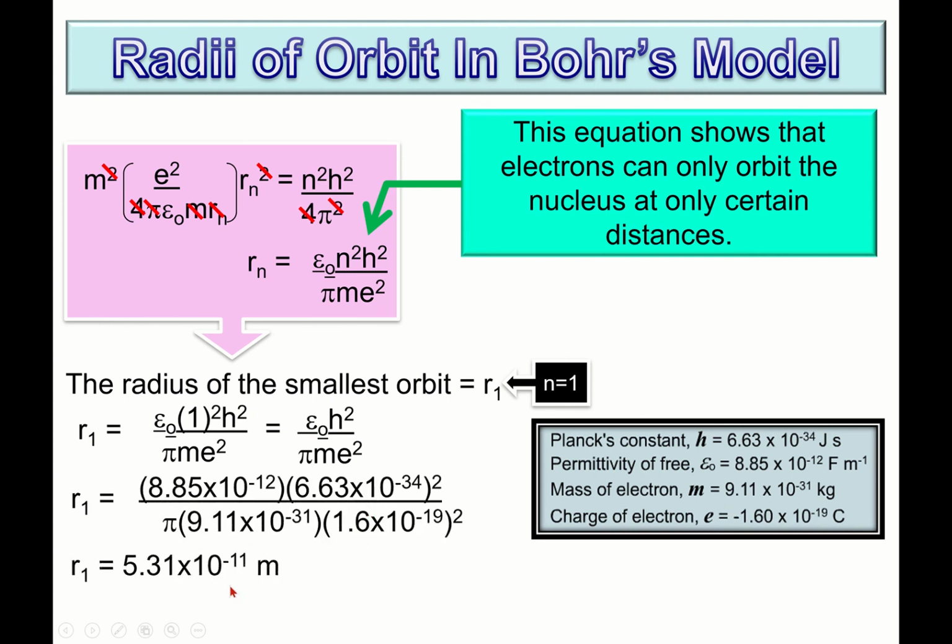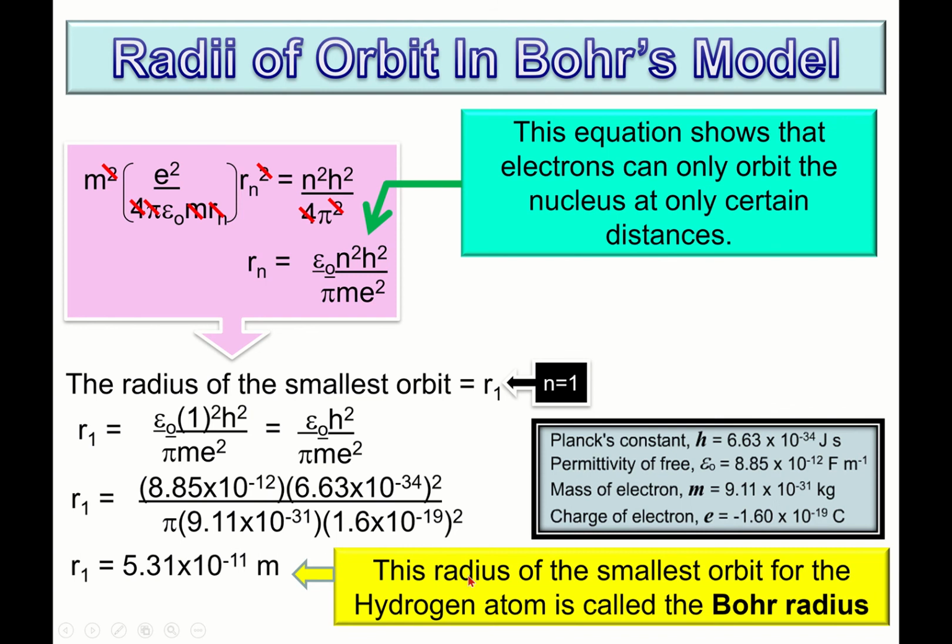So we get r1 equals 5.31 times 10 to the power of negative 11 meter. This is the radius of the electron for the first orbit in the hydrogen atom. This radius of the smallest orbit for the hydrogen atom is called the Bohr radius.